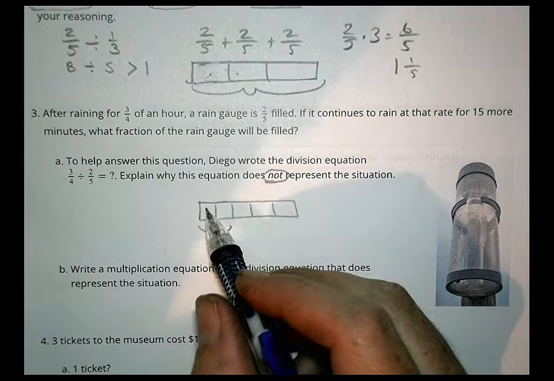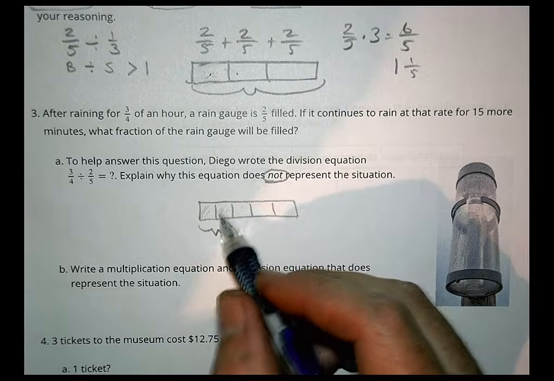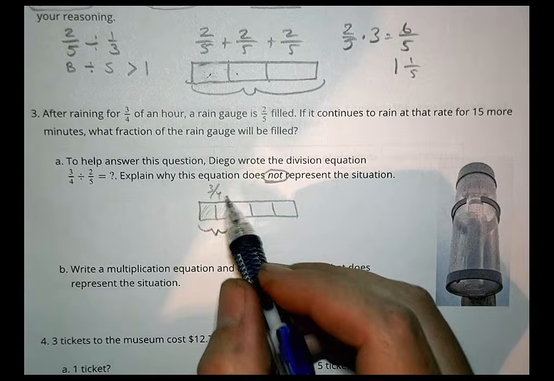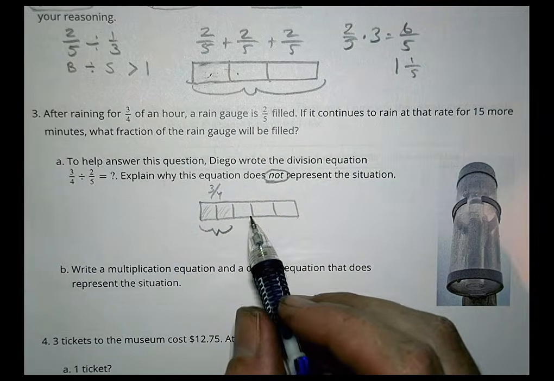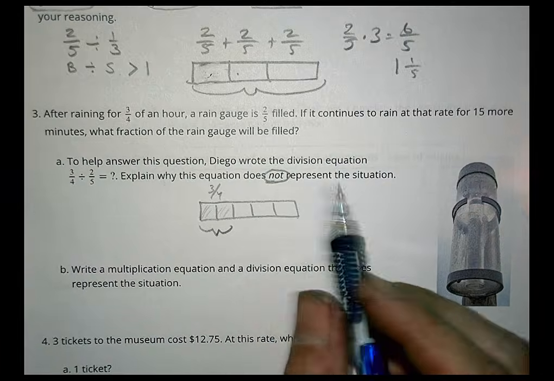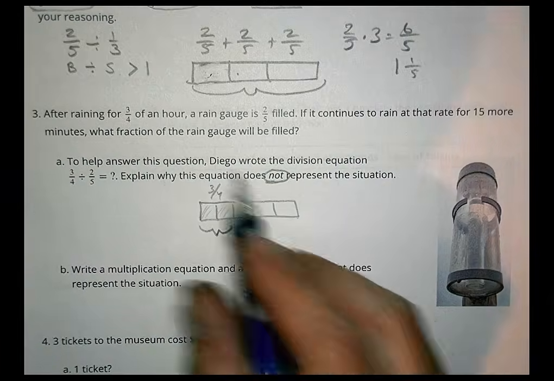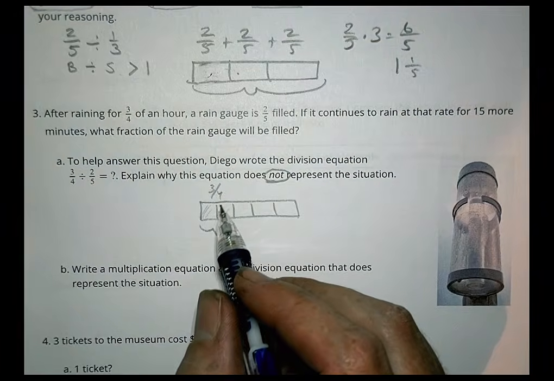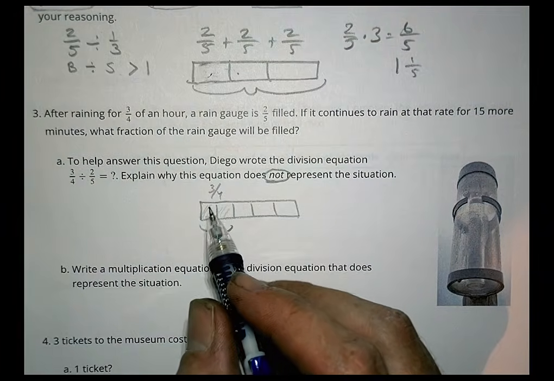There's our little picture there, right? So that's how much is filled after 3/4 of an hour. We're going to go 15 more minutes, so another 1/4 hour, which I don't have here, but we're going to be adding on to that to make a little more. So it's 2/5.